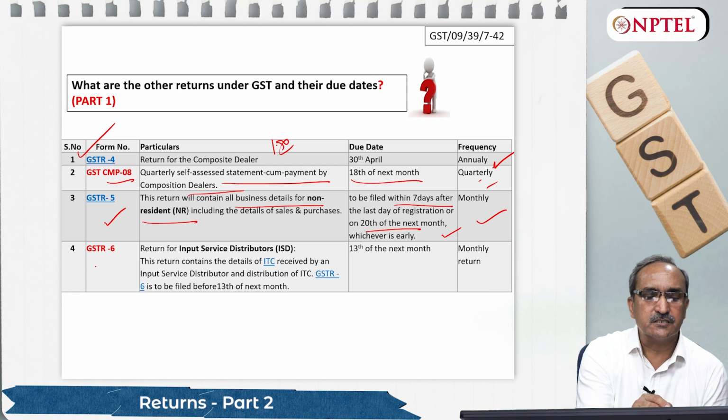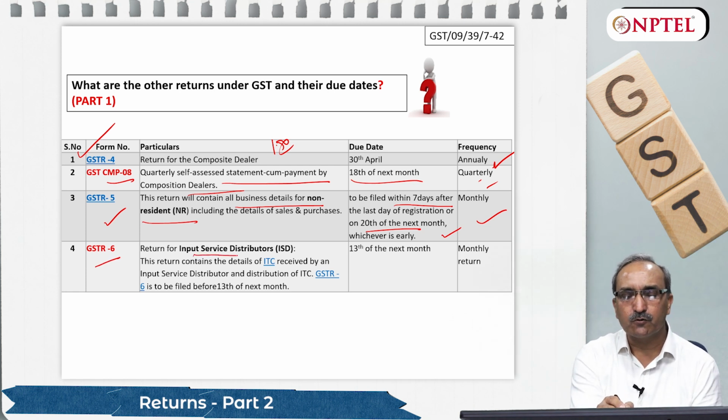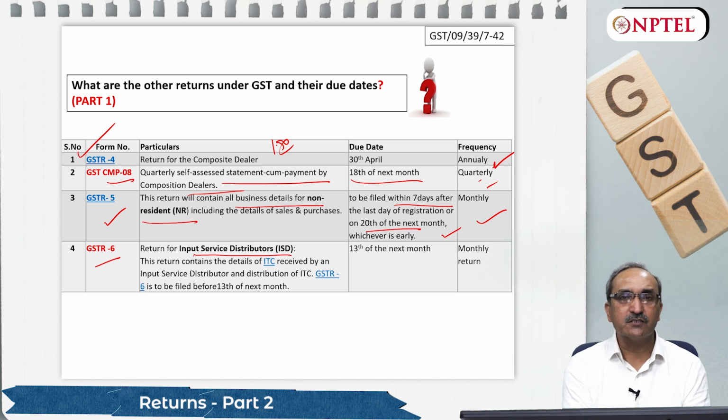Another return is GSTR 6, for the input service distributor. I gave you one example where a company is procuring goods on behalf of its different units, with its head office sitting in Bombay. These goods are actually consumed by different units, but procurement is centralized.